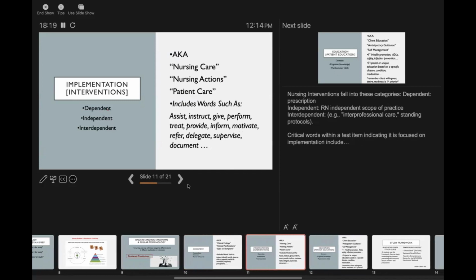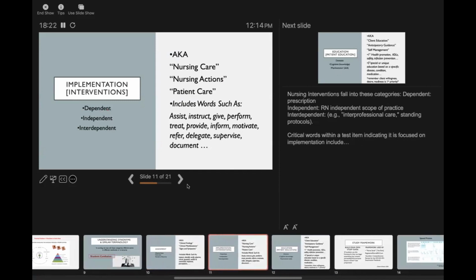So the next one, okay, in our implementation, our interventions, again, synonymous terms, and you will see this. The big place I've seen it a lot that's hard to pick up on, but once you see it, it's a great pattern, is in the Saunders Comprehensive Review for NCLEX RN. It uses some of these synonymous terms.